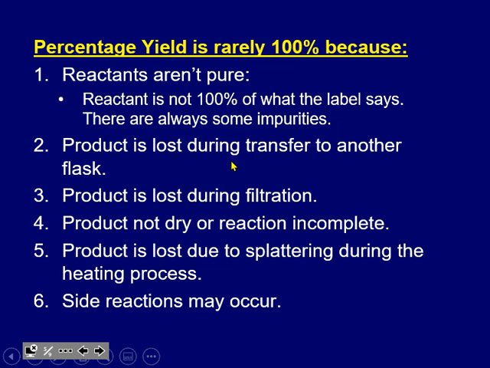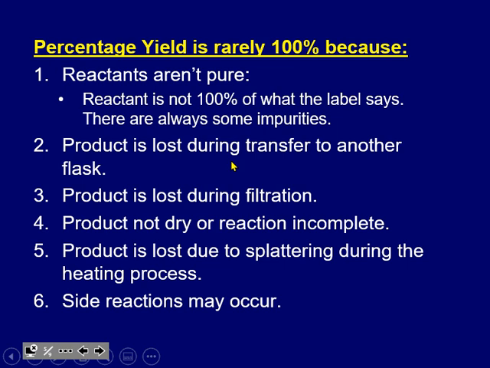If you're not careful, you can get some of it to go over the side, and you can lose some of that product. It ends up in the bottom instead of in the filter paper. All filter paper has a particular grade in terms of how big the holes are. We can't see the holes, but there are holes there, obviously. Some holes are bigger and some particles can get through, so you can lose product that way.